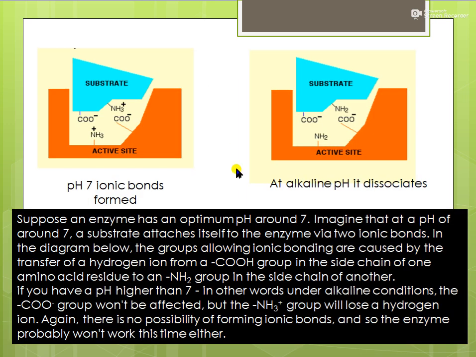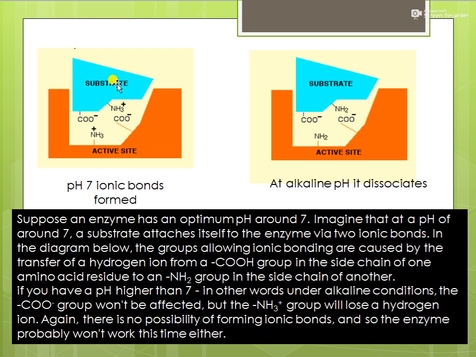And another example of ionic bond formation within a biomolecule is in the case of enzymes. For example, if you have an active enzyme and this is the active site of it, probably in the active site there is one moiety which is positively charged, and there would be one moiety which is negatively charged.